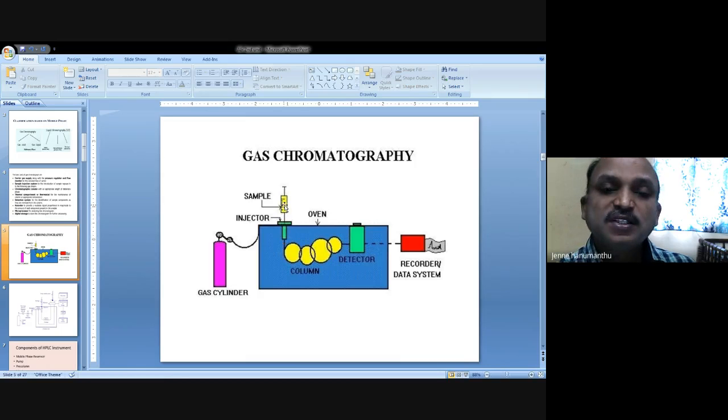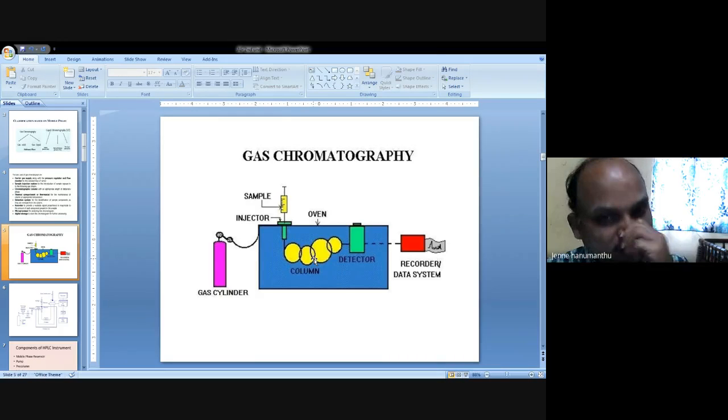Okay. So when the sample is available in the column, two things happen here: polar and non-polar. The column has a property, polar or non-polar, and within the column there will be the unknown sample.